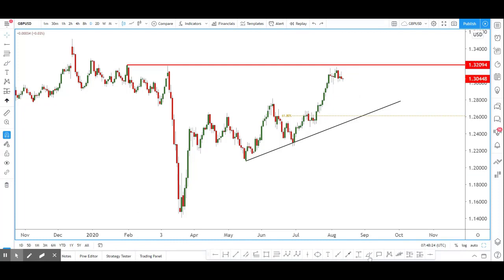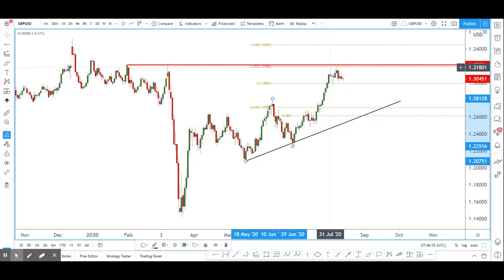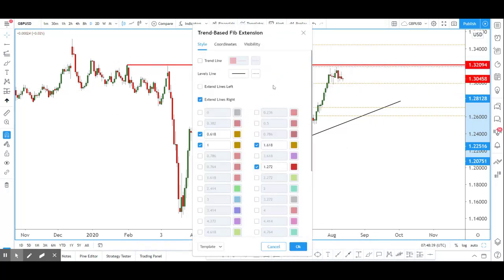Now further, we also note that there is a zigzag movement, of which we can use our Fibonacci extension, using this as the first point, to the second point, and to the third point. Now we see that this graphical resistance level also falls in line with the 127.2 extension level.